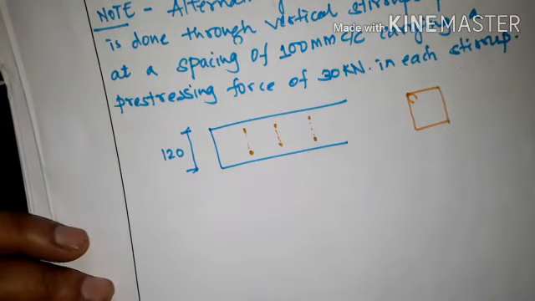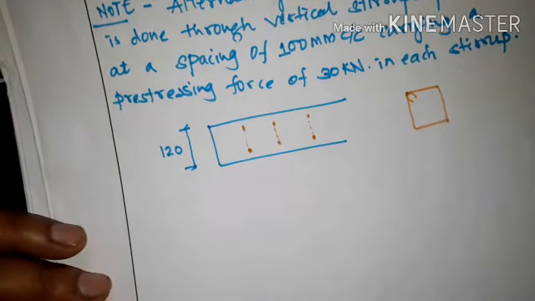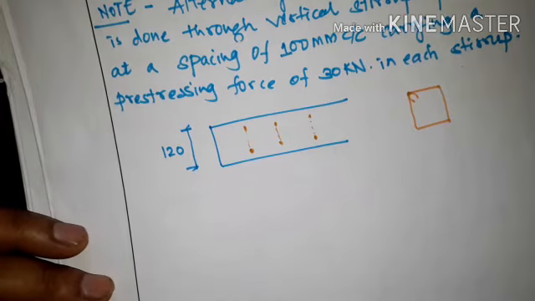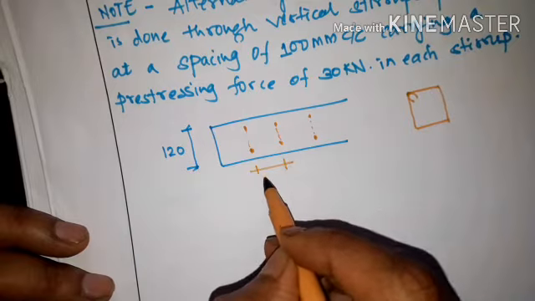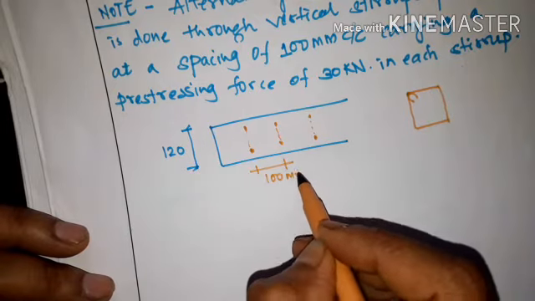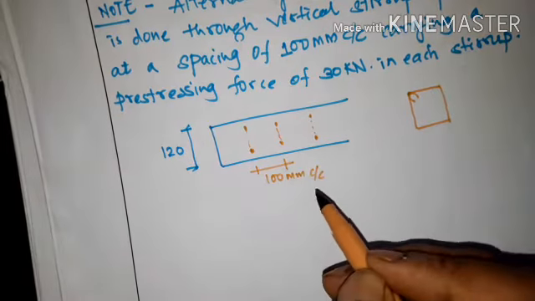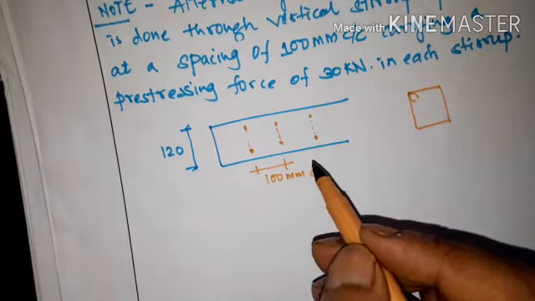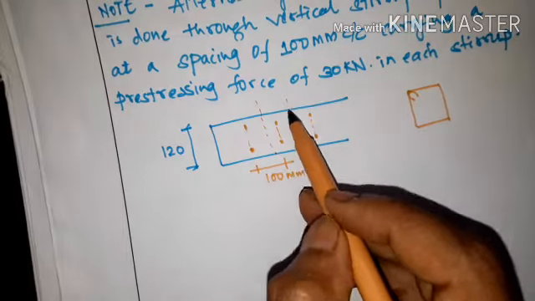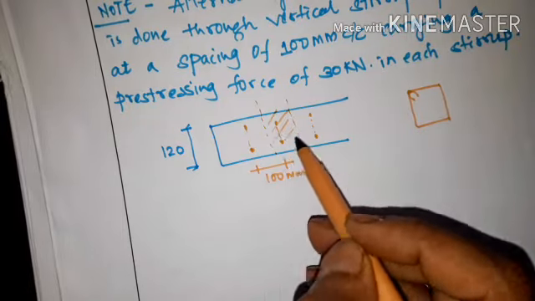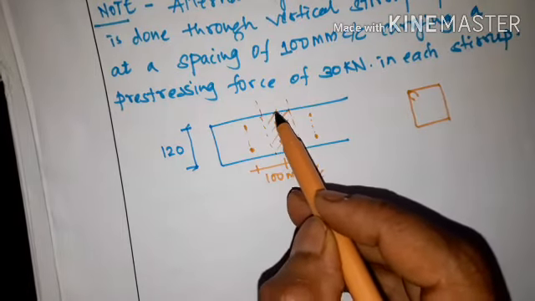So if the stirrups are provided at a distance of 100 mm center to center, like this, the distance between the two stirrups is 100 mm center to center. So we have to consider the effective width like this. This will be again 100, because from the center it is 50, and again from this side it is 50.